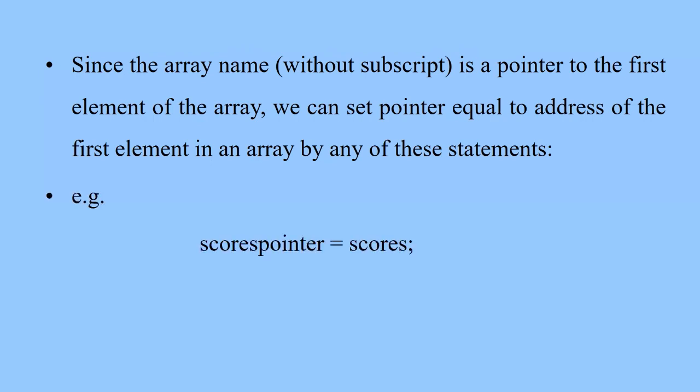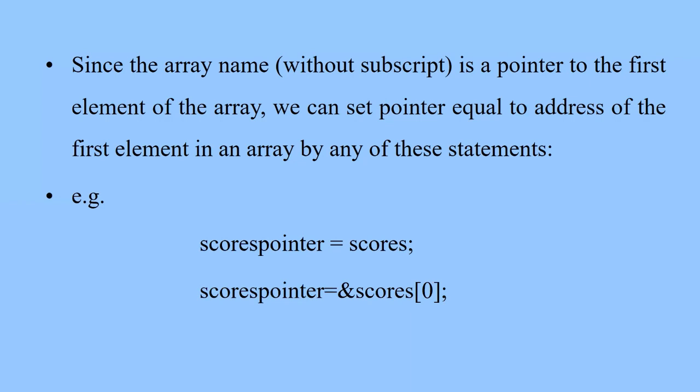For example, assign the content of the memory location called scores to scoresPointer. And then this other statement means pick the content of the array called scores whose subscript is 0.